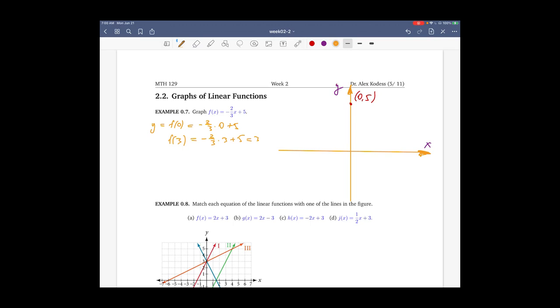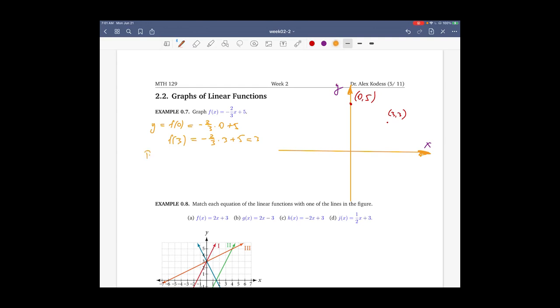So the graph will pass through the point 3, 3. Of course, the graph is decreasing because the slope is negative. That is something we should expect. And to be safe, I would still find the x-intercept, even though technically it's not needed.